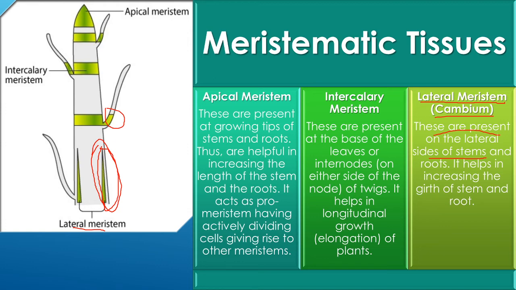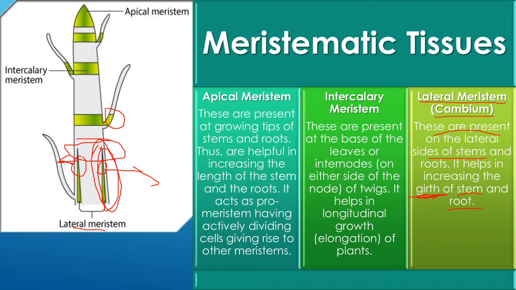Girth means the width of the stem. This part will keep growing this way, and this part will keep growing this way. So this will help in increasing the broadness of the stem and the roots also. Okay, so this was for this class.